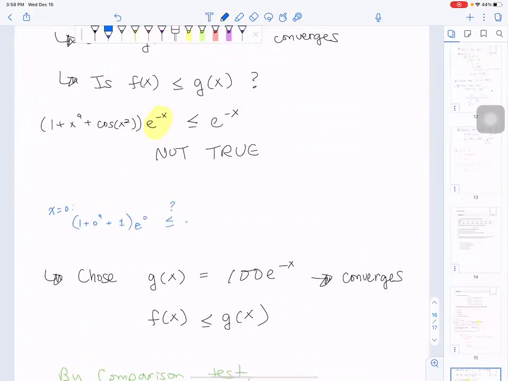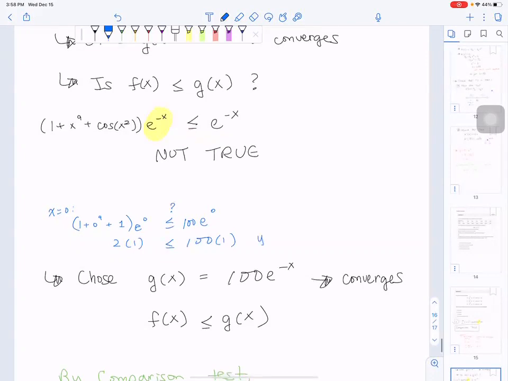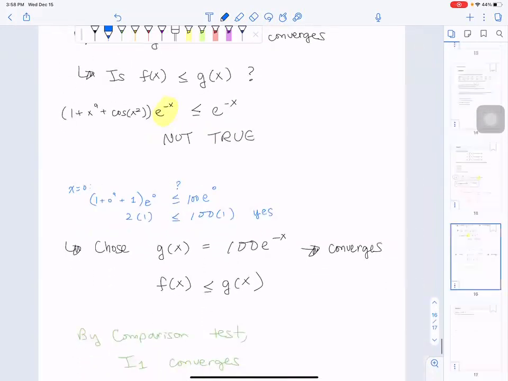Is that less than 100 times e to the 0? Well, here you have 2 times e to the 0, which is 1. Is that less than 100? Yes. Does that make sense? Okay, yeah, that makes sense.